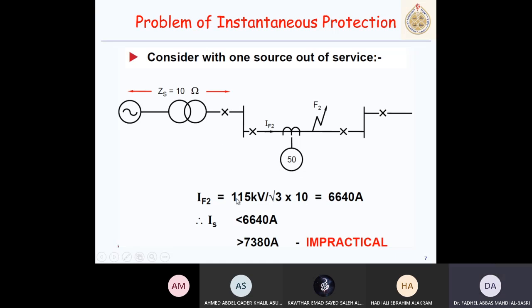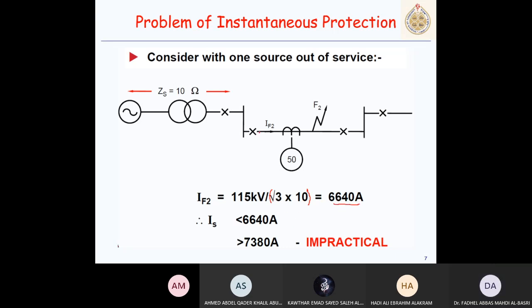This is the configuration, and a fault almost at this bus, close to the relay. So the current will be the phase voltage divided by the impedance, which is 10 now, because the 4 is very close to this bus. So divided by 10, there is a bracket here, and that will give this current.